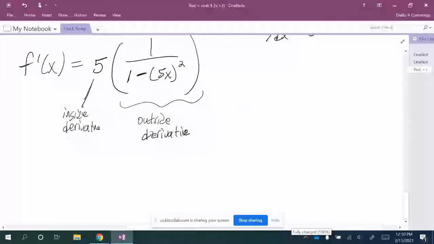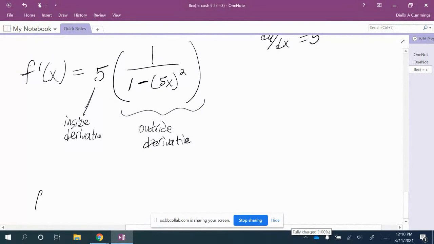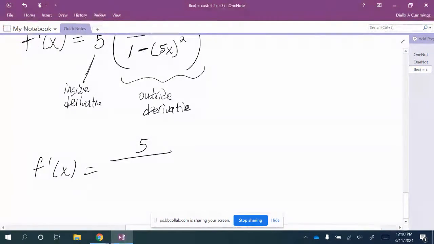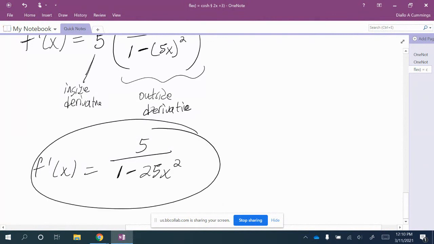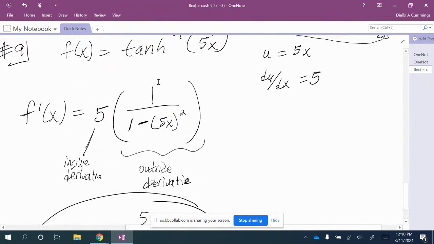Right, so now if we combine these two things, we have 5 divided by 1 minus 25x squared. Since we are still taking a derivative, we're going to take the derivative for the outermost and the derivative for the innermost.